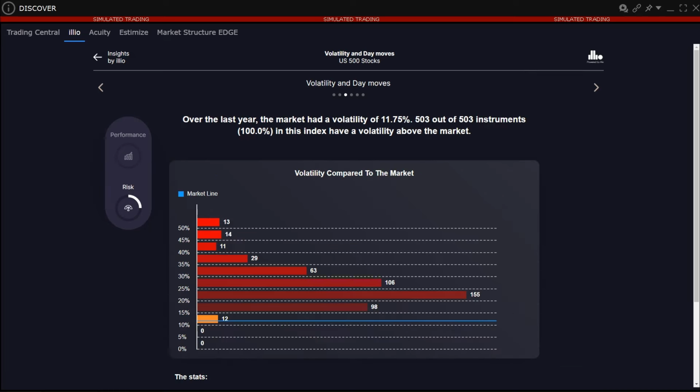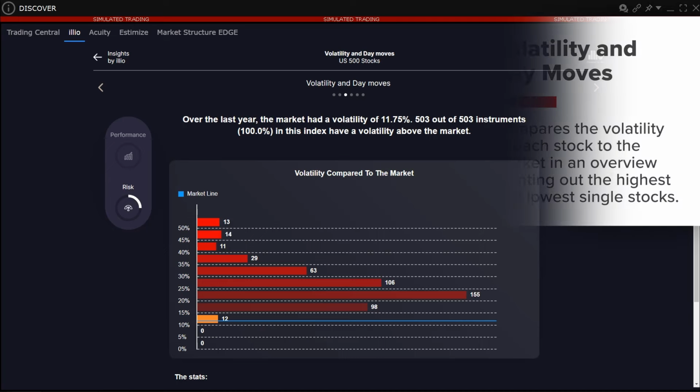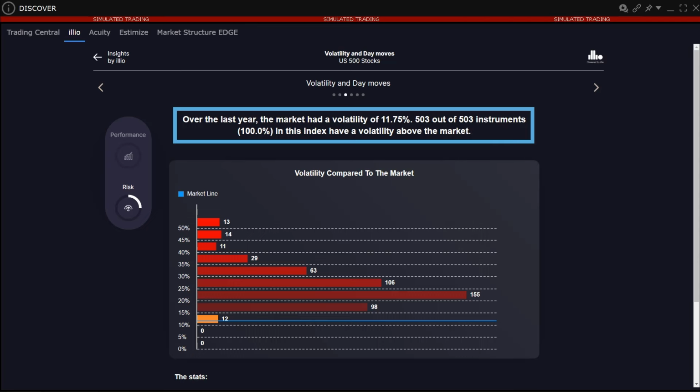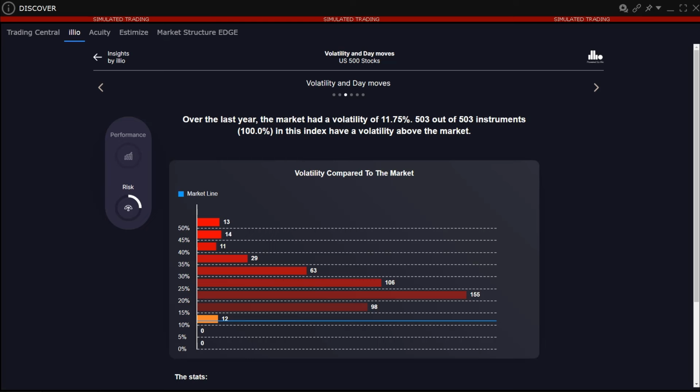The Volatility and Day Moves page compares the volatility of each stock to the market in an overview, pointing out the highest and lowest single stocks. At the top of the page is a summary listing how many out of the total have volatility above the market. Please note that the number could be greater than 500 to account for stocks that have entered or left the S&P 500 during the year.